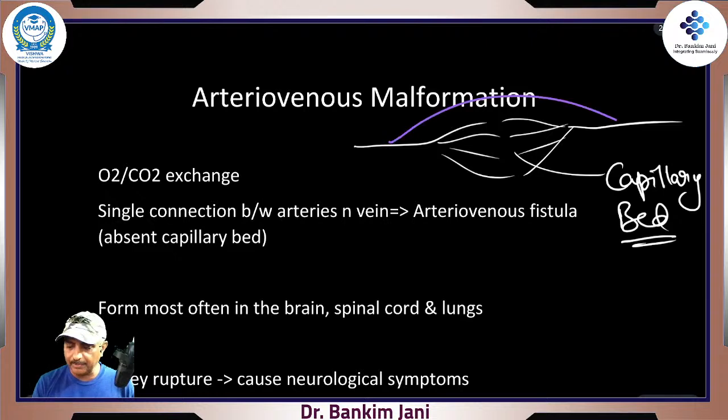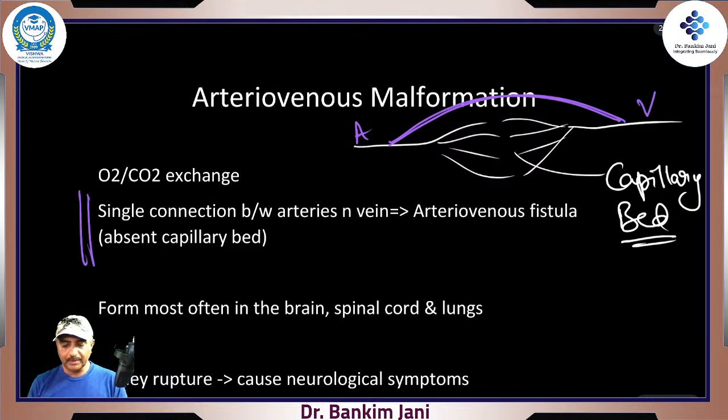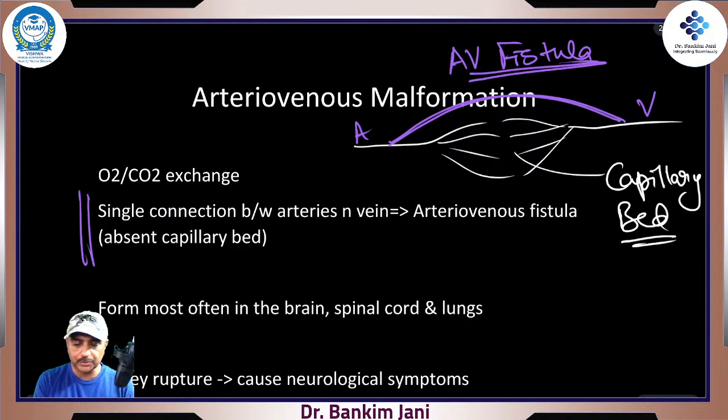What if this is a bypass, right? There is a single connection between this artery and vein. That is what happens over here. So this is what is called the AV fistula, or the arteriovenous fistula.